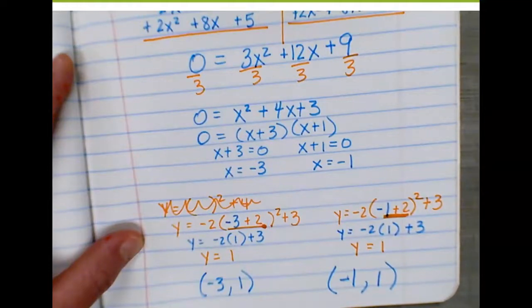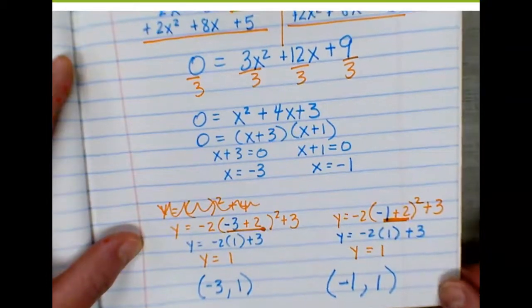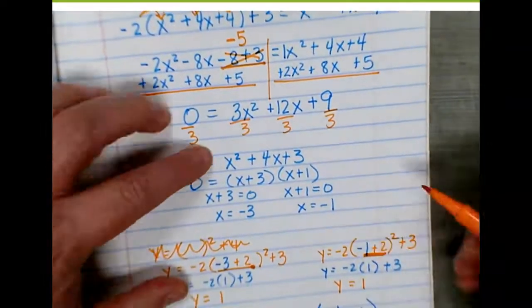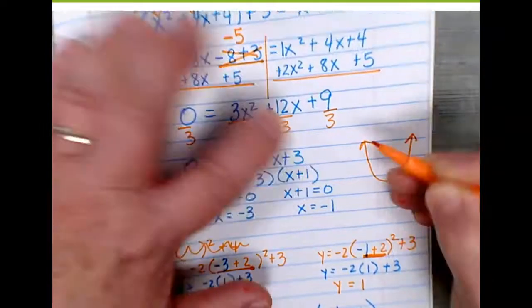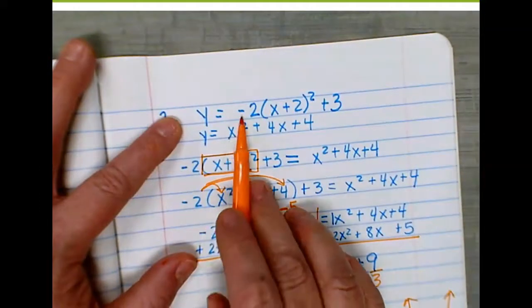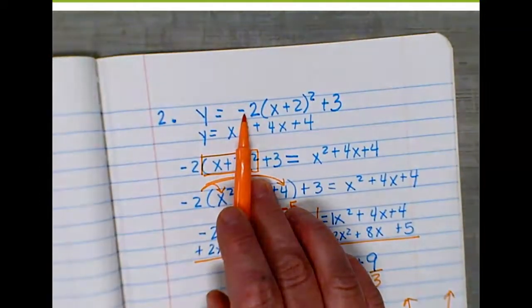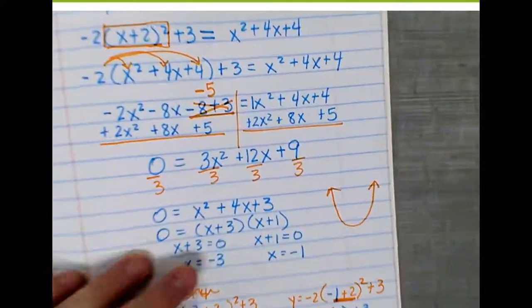Which is telling me, just guessing because I hadn't looked at the graph, what I think is happening here. Do you remember what a negative sign tells you about the graph? It is pointing down.